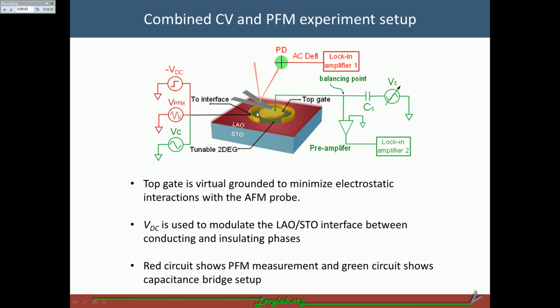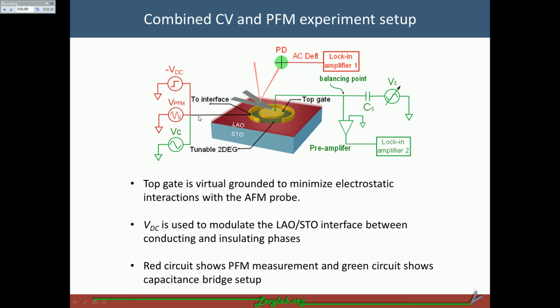Then show one thing, and you can even suppress the other things. Then you can show them all together in the end. So you just show how you do the PFM, then suppress it, show how you do the capacitance measurement, and then put them all together. But make it bigger.